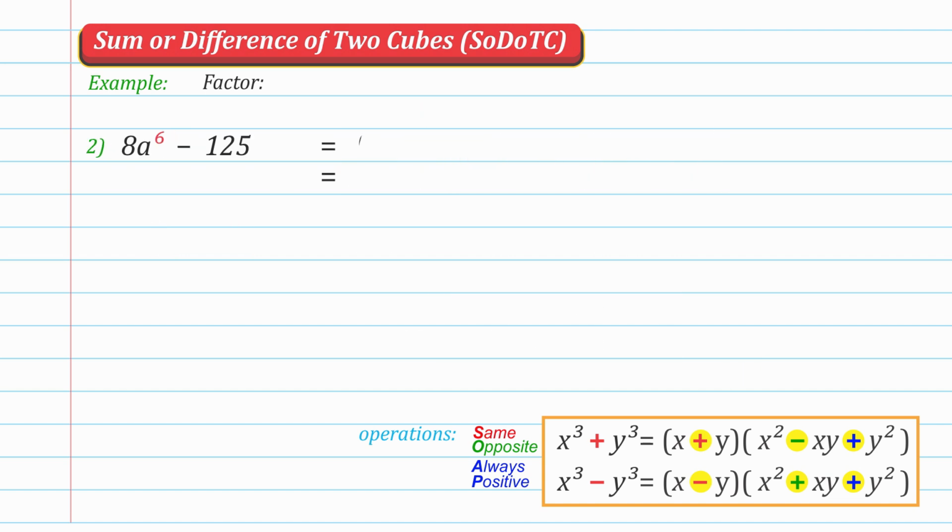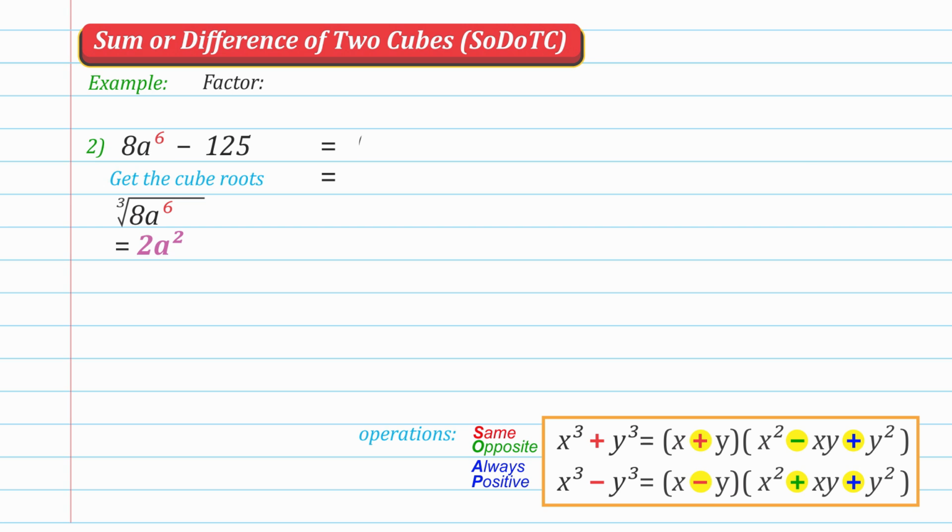Here's another example. This time, it involves exponents more than 3. Let's factor this binomial, 8a to the 6th minus 125. So, step 1, get the cube roots of the terms. The cube root of 8 is 2. And for the literal coefficient, the cube root of a to the 6th is a, copy the variable, raised to the exponent 6 divided by 3.